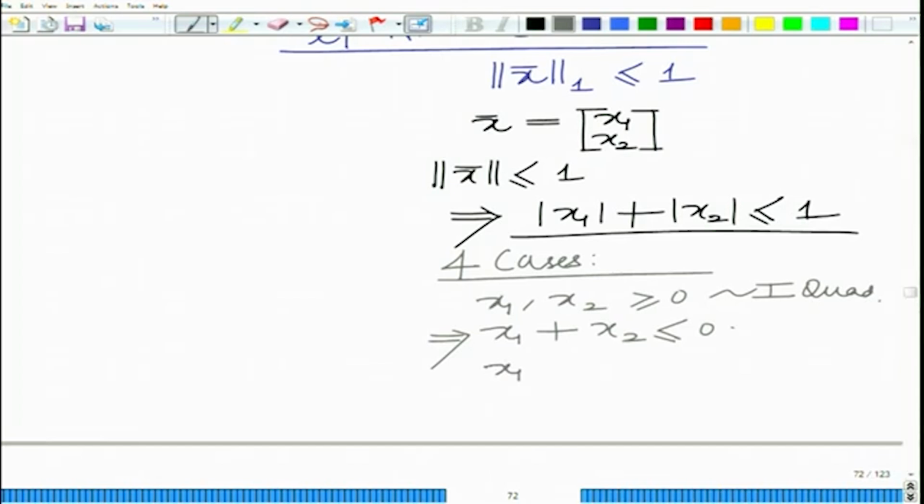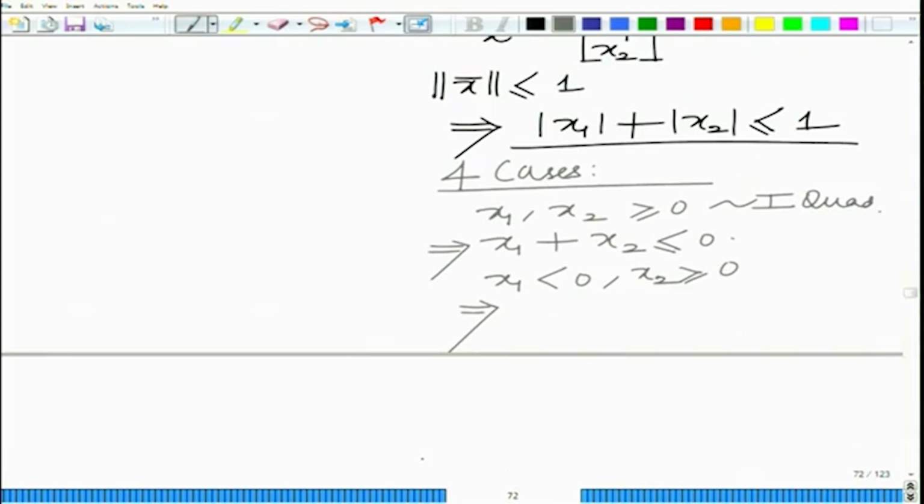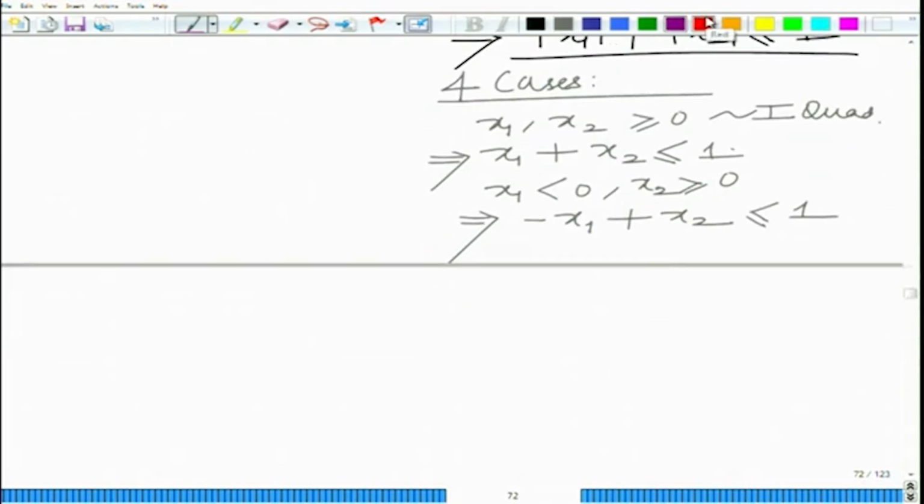Second quadrant, we have x1 less than 0, x2 greater than or equal to 0. This corresponds to the case where magnitude x1 is minus x1. So, this will be minus x1 plus x2 less than or equal to 1. This is the second quadrant.